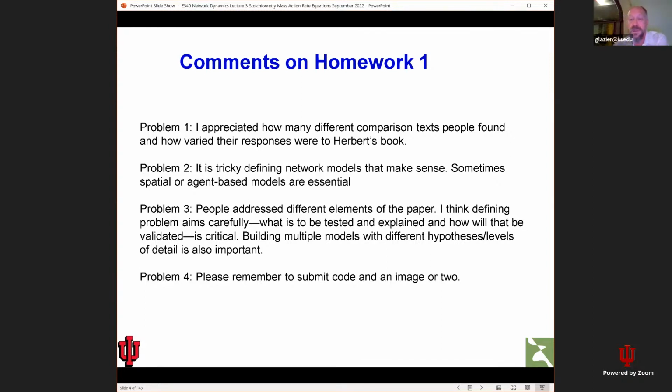But one has to always think about what the state of the nodes is, because what a network model predicts fundamentally is how the node states change. And so it's important to try to identify what those states are.